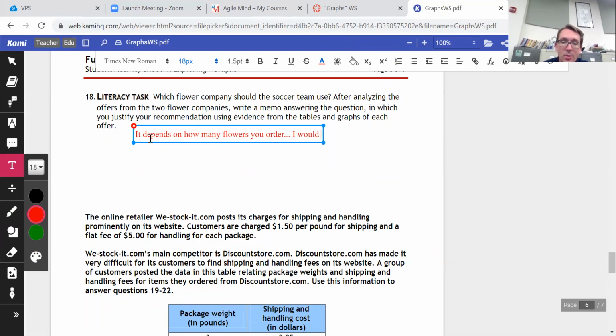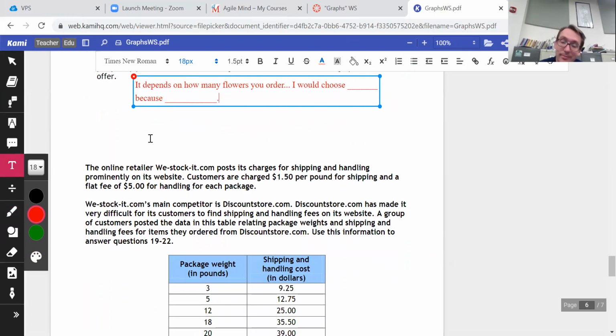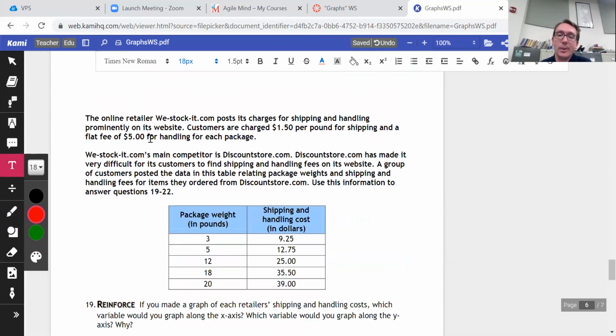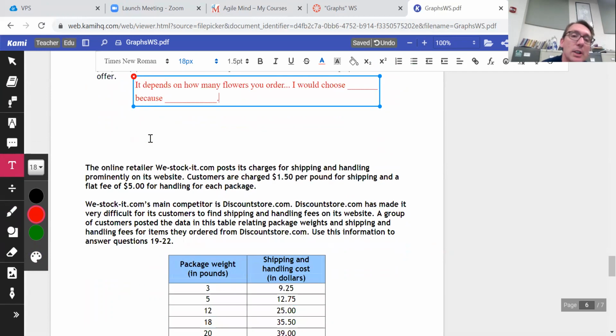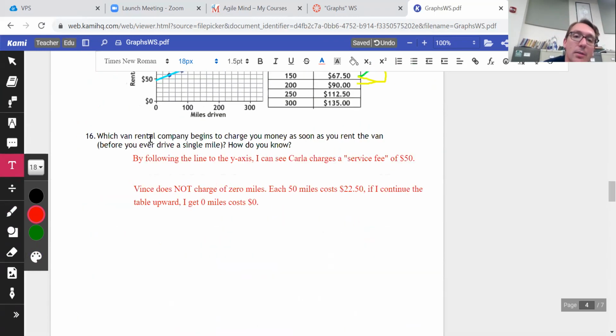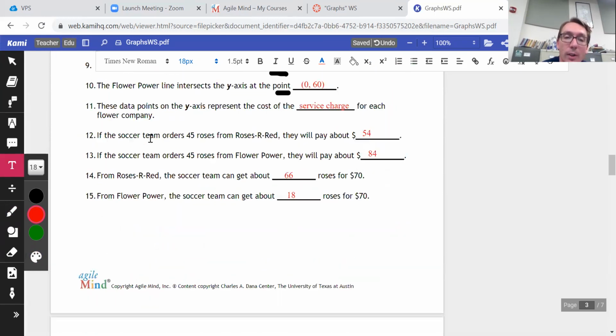I would choose, because, that's for you to write. I'm not going to write that in there because you can figure it out and think for yourself. All right, you can be wrong, but I want you to give it some thought. Which is a better deal and why? For flowers, remember this is the flowers. Okay.